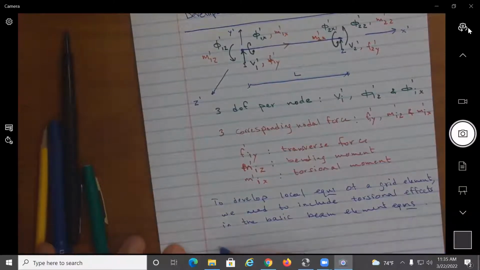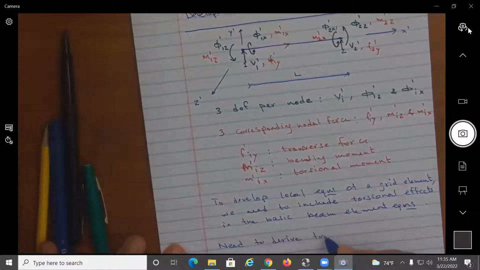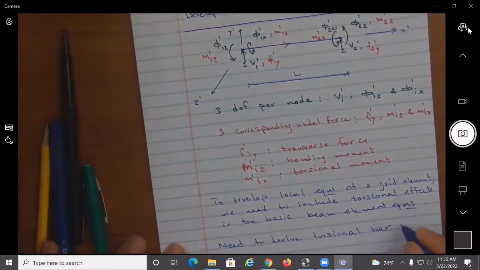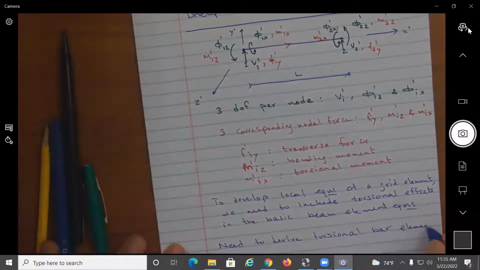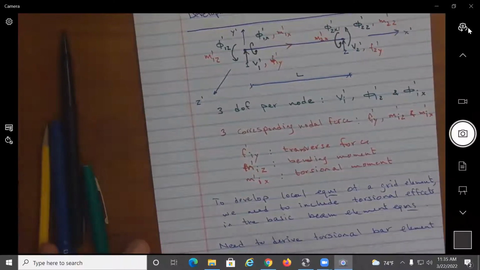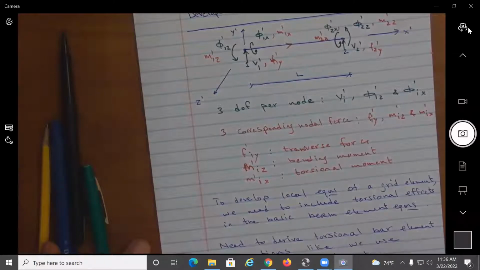Okay, so we have a need to derive torsional bar element equations, like we used the axial bar element stiffness equations.